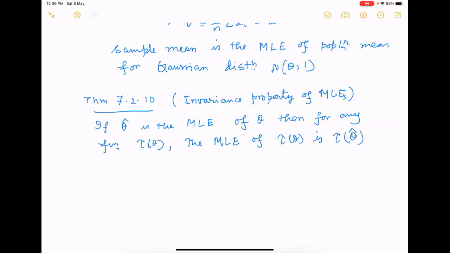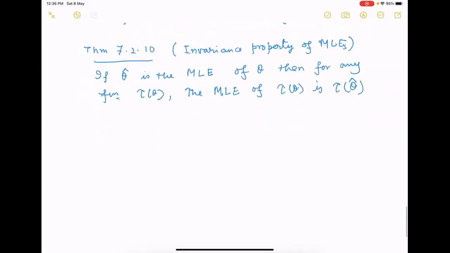Well, that's an interesting result. Before I go into the proof and all, I want to discuss the importance of this theorem. Why is it so important?